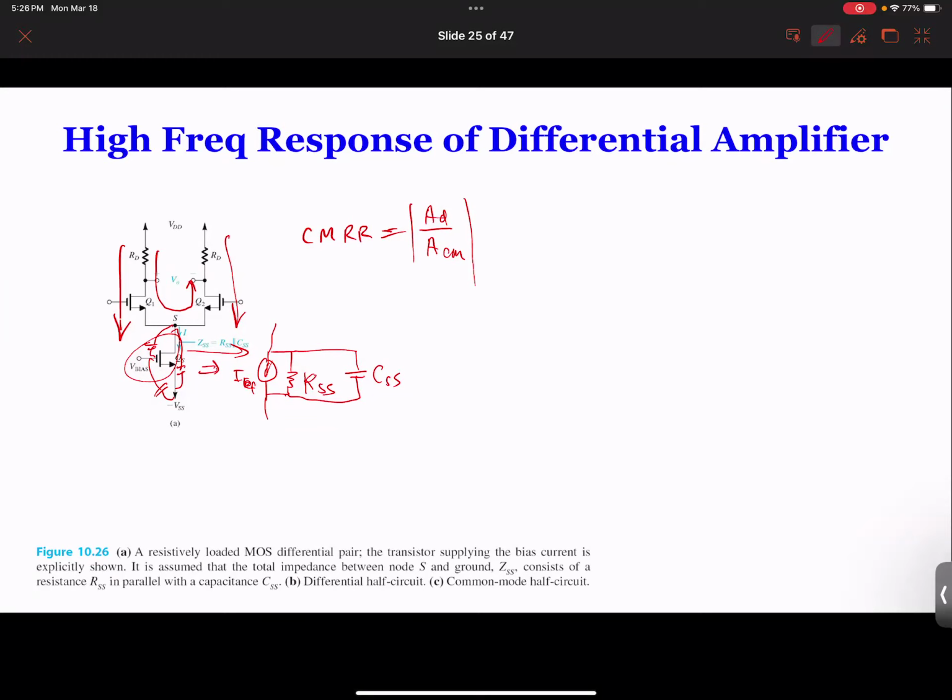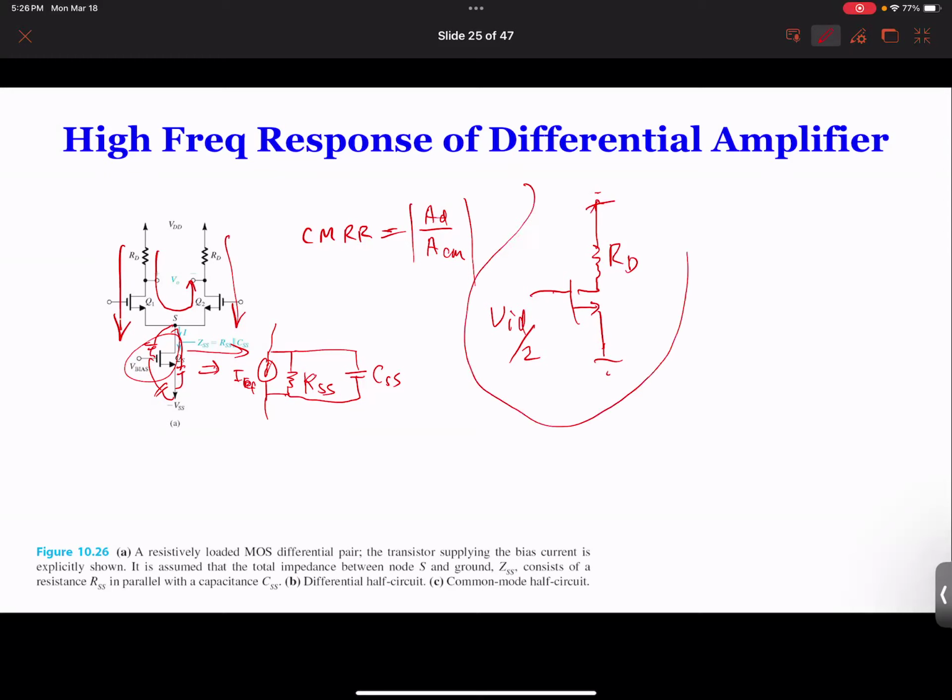So now we're going to look at what exactly happens with the common mode. But before I do that, I want to draw the half circuit for the differential gain, for the small signal circuit.